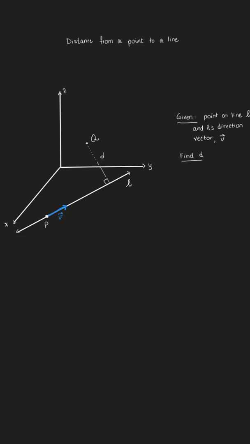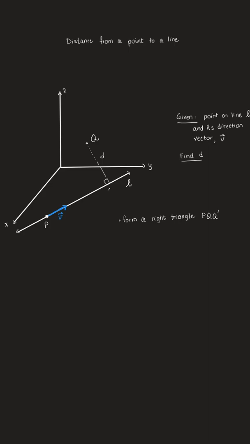So the first thing that I'm going to do is form a right triangle P, Q, Q prime.